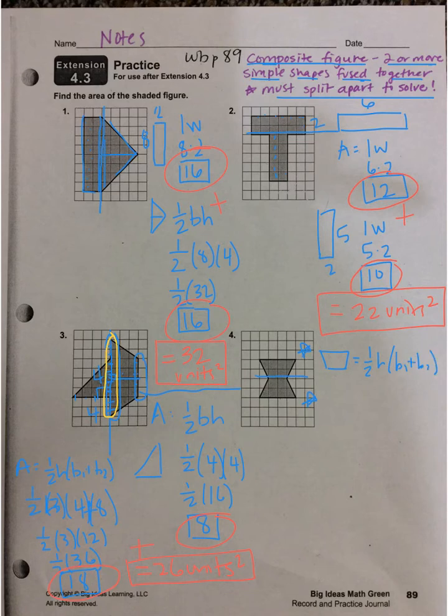We've gotten good at that here lately. 1/2. Well, the height is just right here, so that's 2 units. 1, 2. Base 1 and base 2. 2 units for base 1. 1, 2, 3, 4 units for base 2.